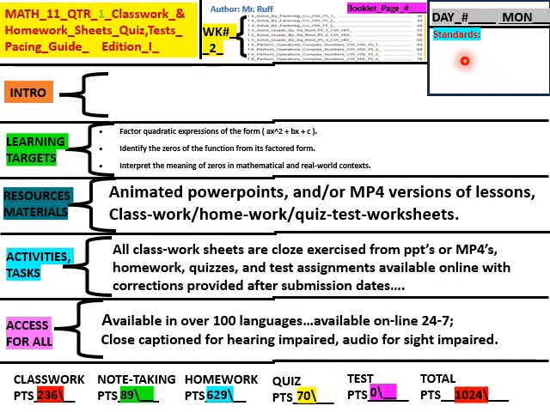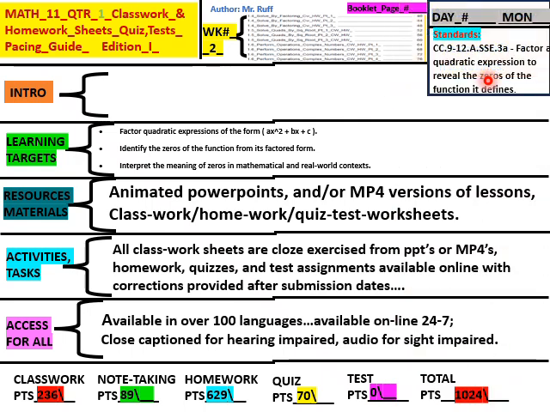A.SSE.3a. That's our big standard for week 2. And so our intro, well, here it is again: factor a quadratic expression to reveal the zeros of the function it defines.